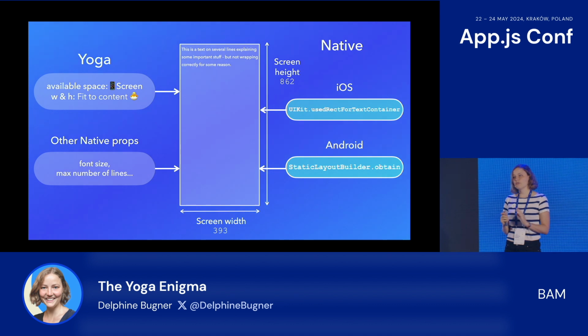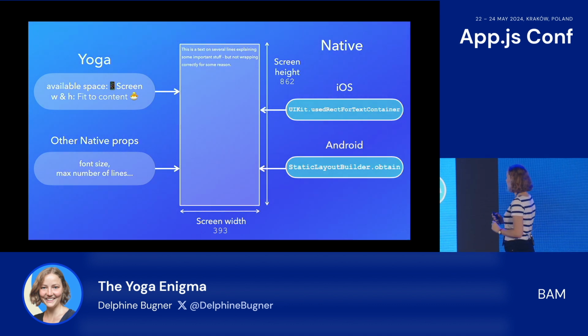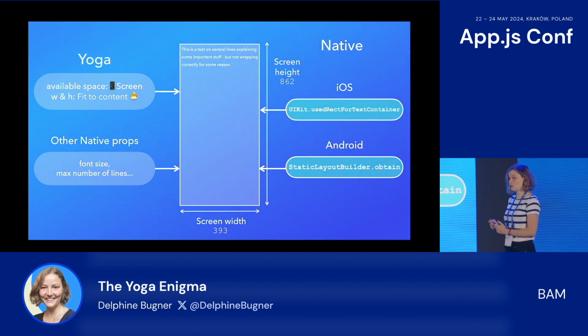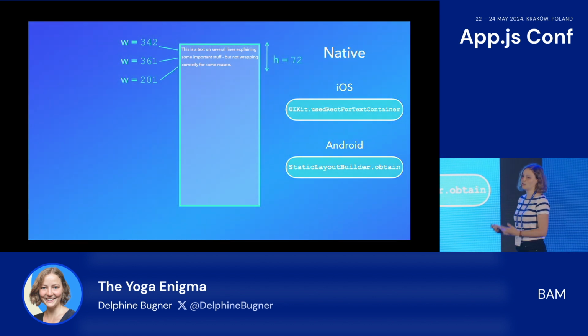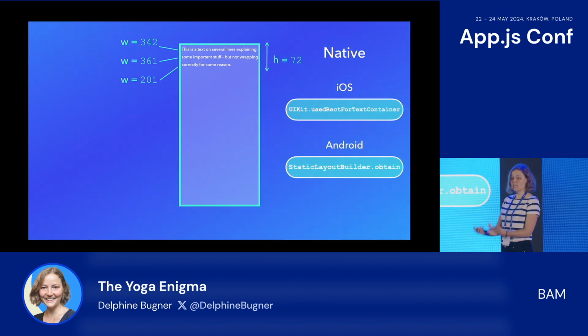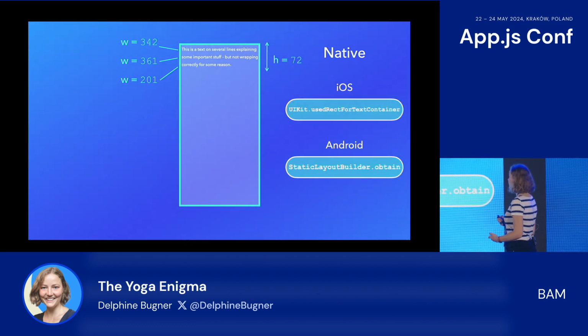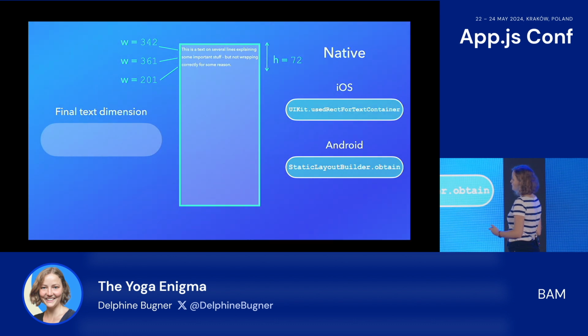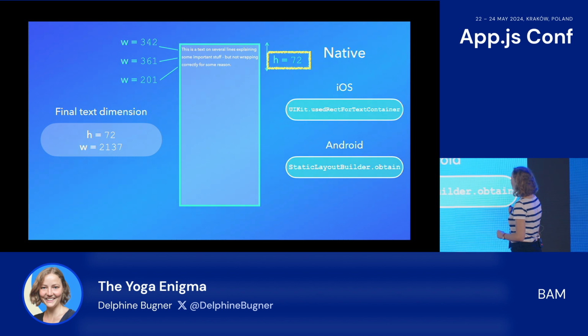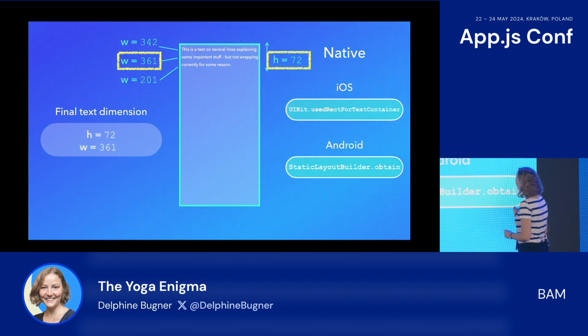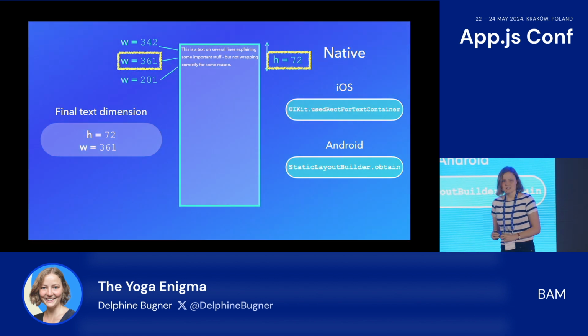Be careful, those functions are quite expensive to run, but they return exactly what we need, the width of every line and the height of the whole text. The final dimensions that are sent back to Yoga are the following: height 72 and width 2137. No, wait. Width 361. Yeah.